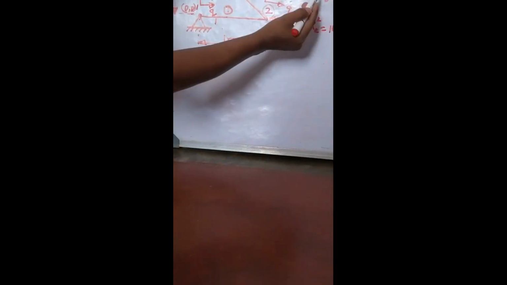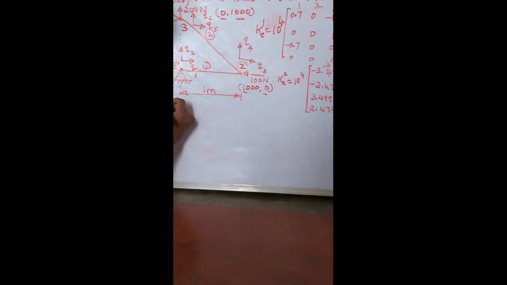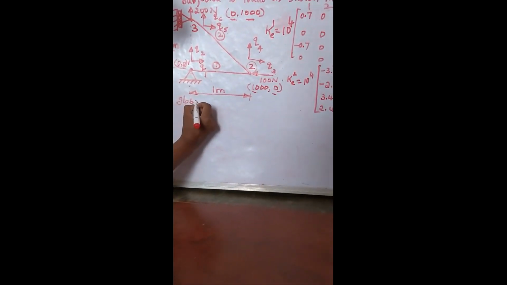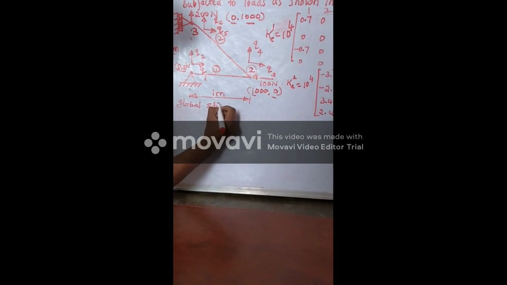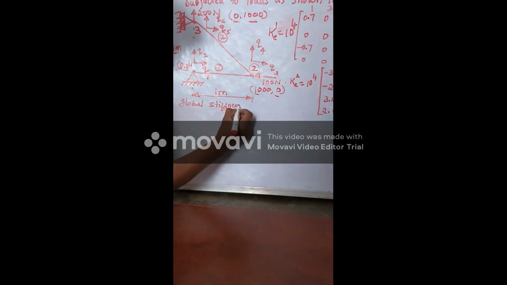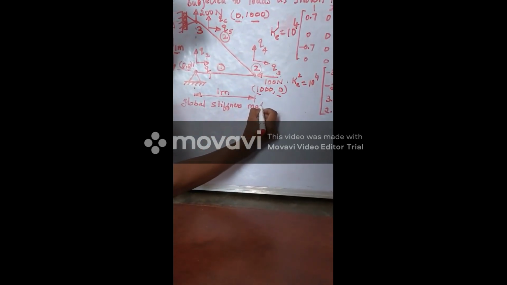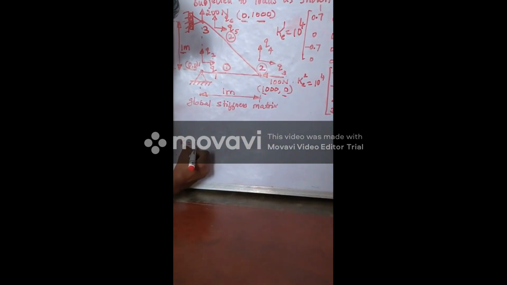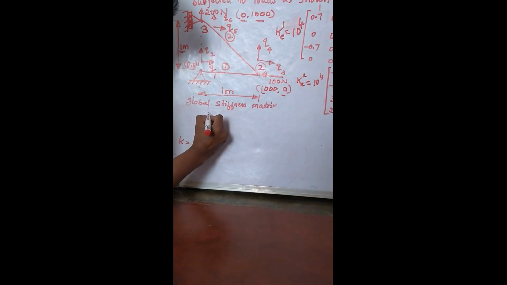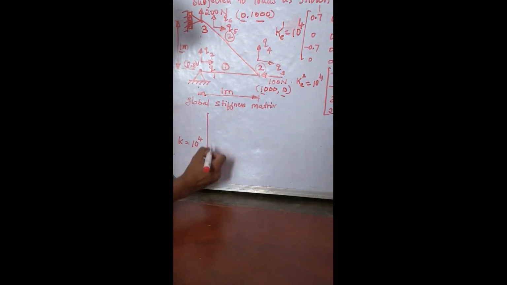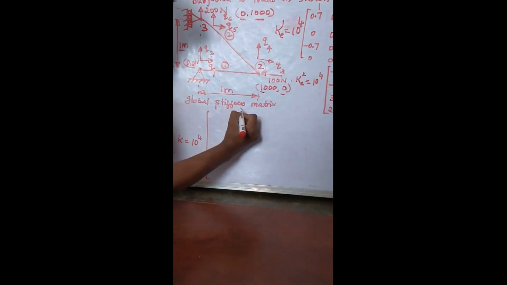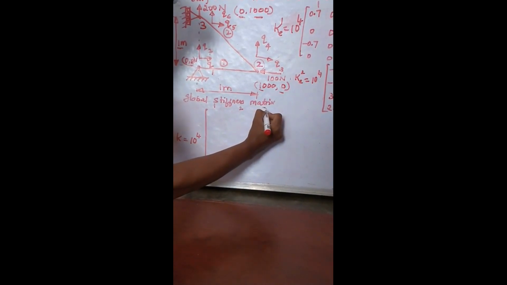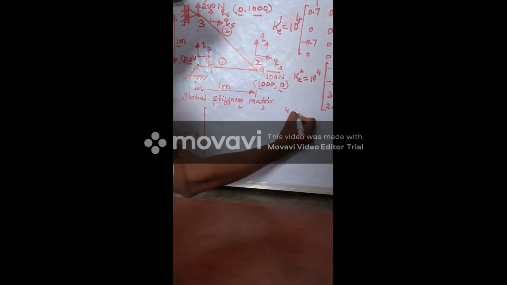Now since we have both the element stiffness matrices, we'll try to find the global stiffness matrix. I'll write like this: K is equal to, I'll write the power outside, 1, 2, 3, 4.